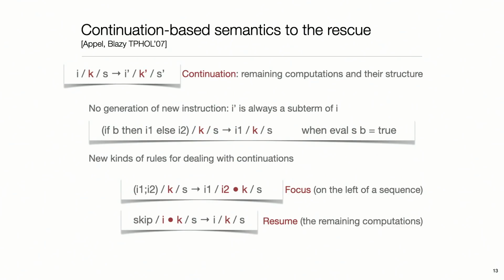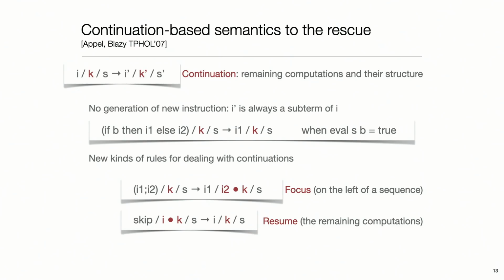So we now have a new judgment that is as follows. Given an instruction, a continuation k and a state, an instruction I is reduced into I prime, thus modifying k into k prime and s into s prime. So a continuation here describes the remaining computation, including the structure of the instruction. For instance, we remember that we were in a sequence.